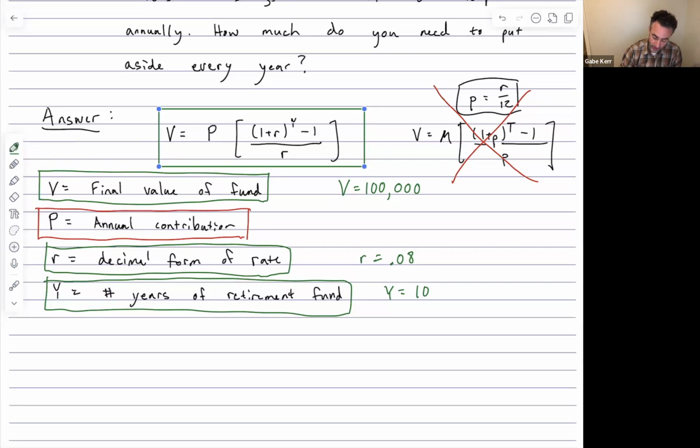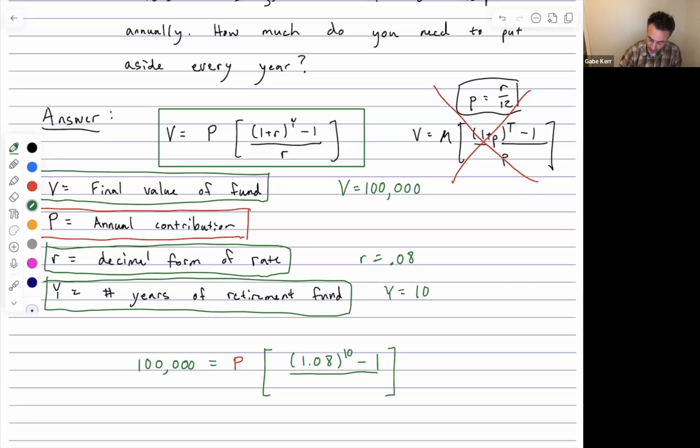So V was 100,000, so I'll write 100,000. P is unknown, so I'll leave it as P. If it's not known, just leave it as it is. And then I'm multiplying by 1 plus R, that's 1.08, to the Y, which is 10, minus 1, over R, which is 0.08.